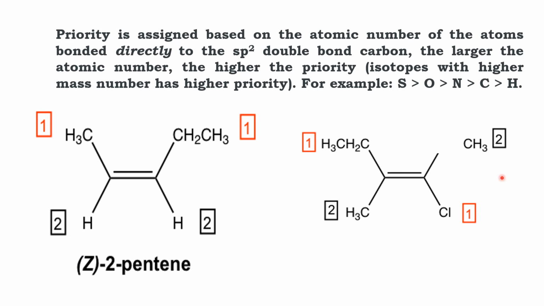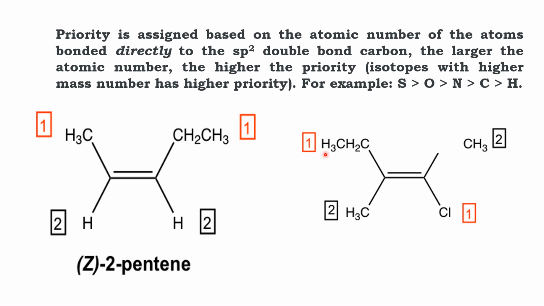Now take the second molecule. In the second molecule, chlorine has the highest atomic number. Here three carbon atoms are there. But for this carbon atom, there is another carbon atom attached to it. So comparing these three substituents, this one has two carbon atoms there. Hence it has the highest priority.